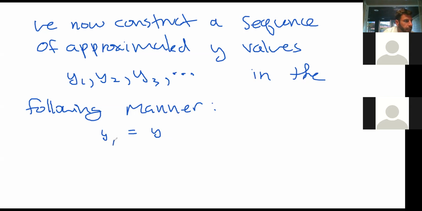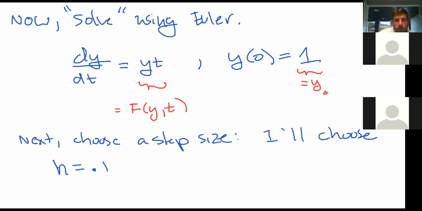Dr. Grady, can you go back to the previous slides, please? Sure can. Give me 1 second. This slide? Yes. I have a question. You say you will choose h equal 0.1?